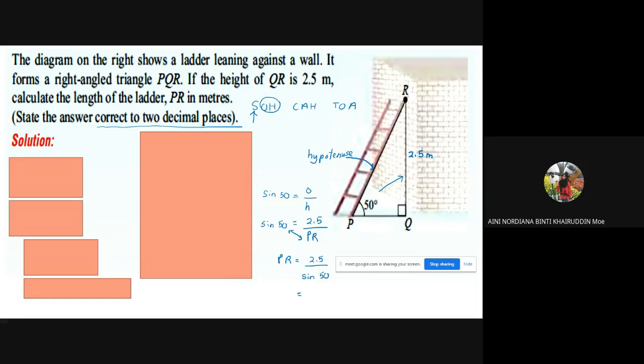Okay, what is the answer, girls? Tahu tak nak tekan calculator ni? Cikgu, tahu cikgu, tapi dia punya tu apa fix dia saya punya tu. Okay. 3.2635. 3.26. Okay, kita tengok jawapan betul ke tak.